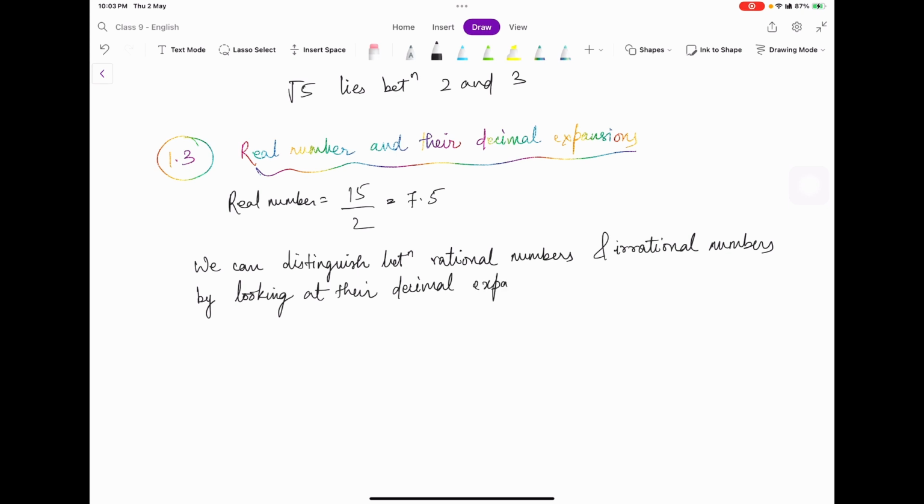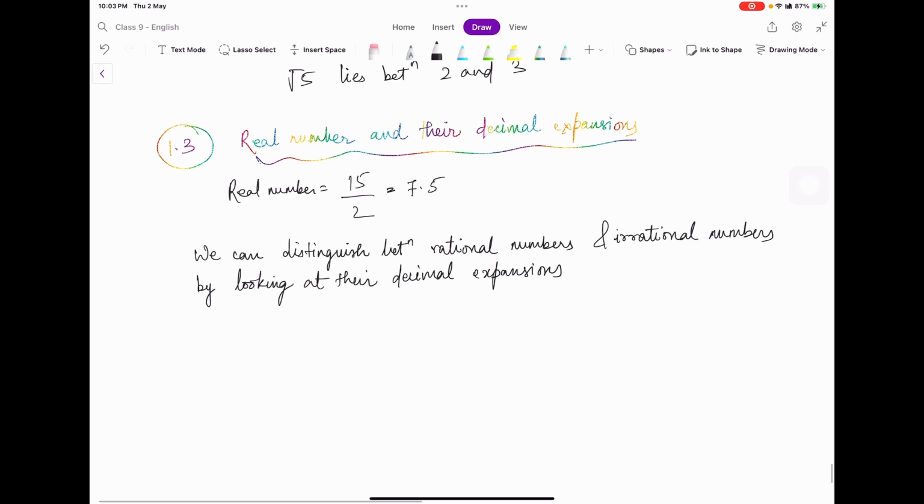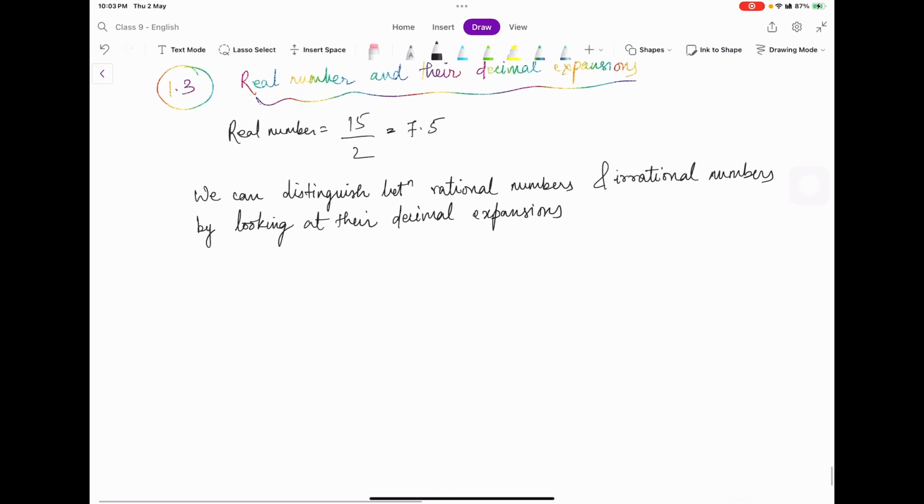These decimal expansions of rational and irrational numbers have certain properties. From those properties we can infer whether that decimal number is a rational number or an irrational number.